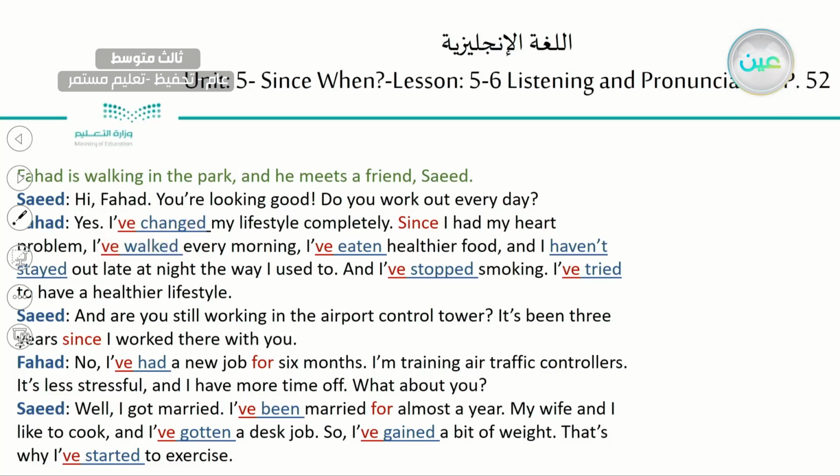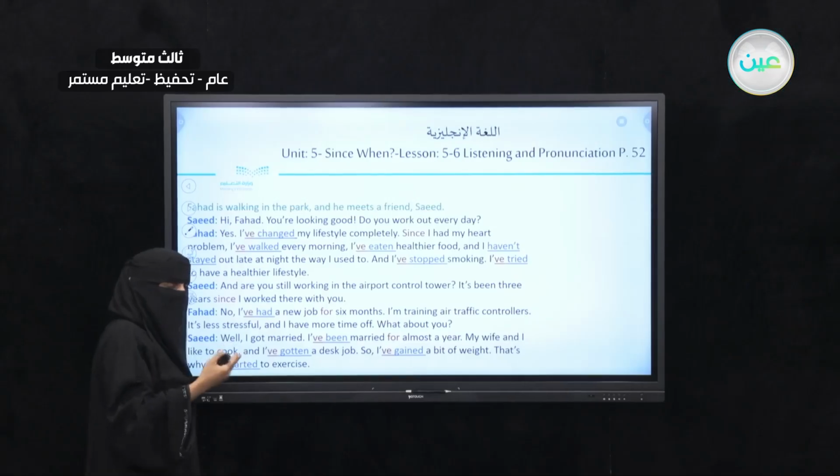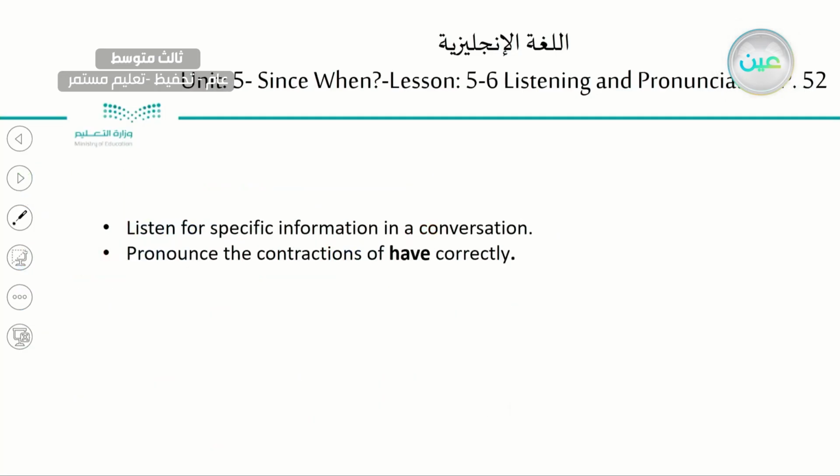I've walked, I've eaten, I've stopped, I've tried, I've stayed. Also here we have I've had, I've been, I've gained, I've gotten. So you have the list in front of you. Try to practice pronouncing the words, okay?